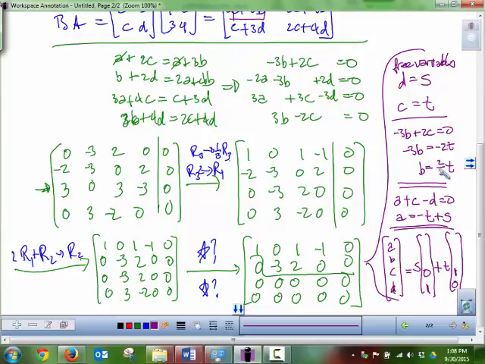B is 2/3 of T, with no S values. And then A is negative T plus S. So negative 1T plus 1S. So the combination of A, B, C, D values that would satisfy this equation would give us some values for that matrix.